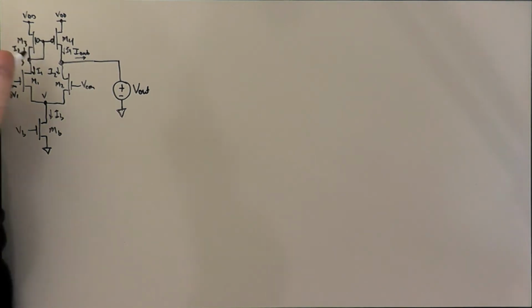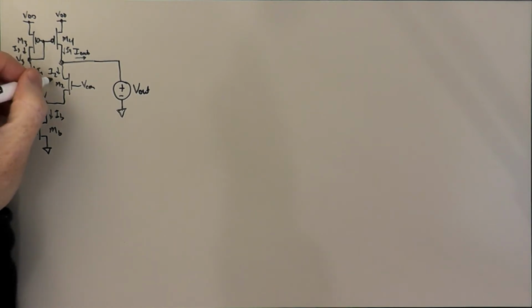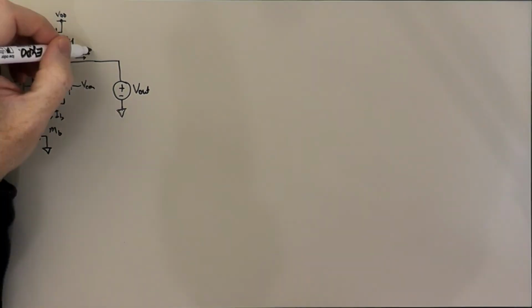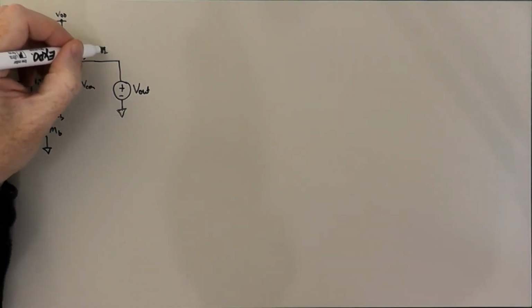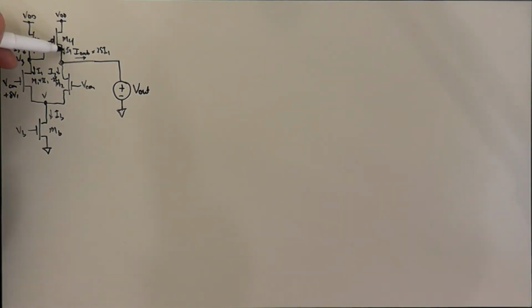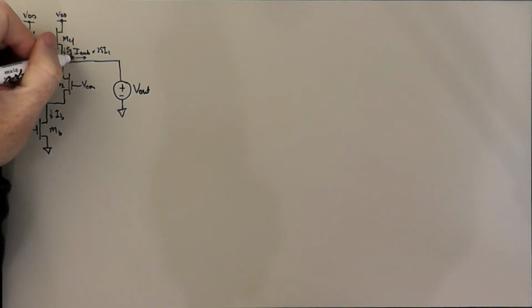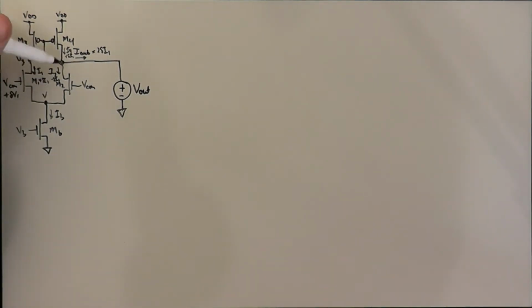We'd have a plus delta I1 here, and we would have a minus delta I1 here, and I out would be equal to 2 delta I1, because we've increased I4 by delta I1. So there's a delta I1 here, and there's a minus delta I1 here, and so I out is changing by 2 delta I1. Well, in that case, if we were to let go, then depending on whether delta I1 was positive or negative, the output would have to move up or down.